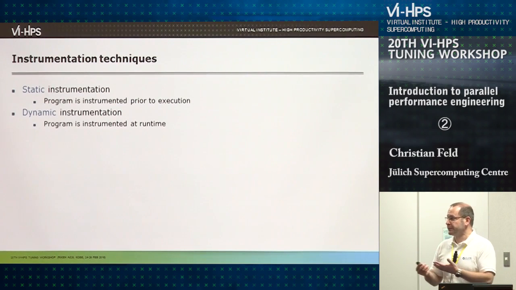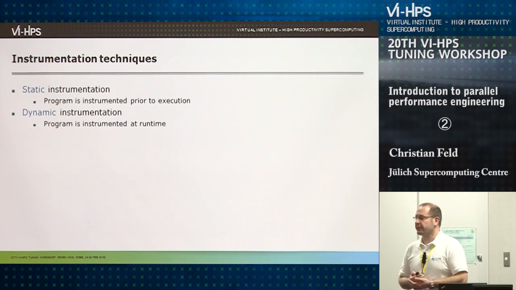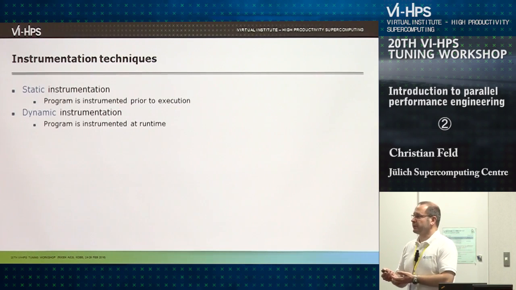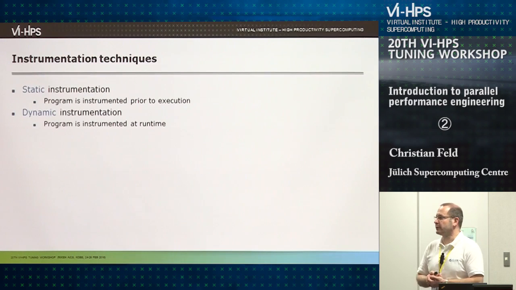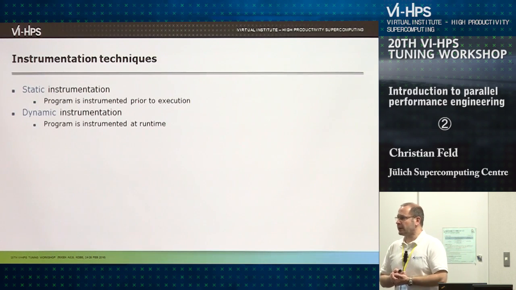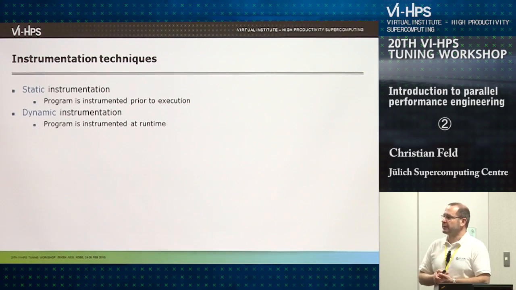For example, if you use this automatic function instrumentation, some compilers disable inlining, which for a C++ program is pretty bad. Some compilers are pretty good at keeping the optimization high and just instrumenting the code after the inlining is done.